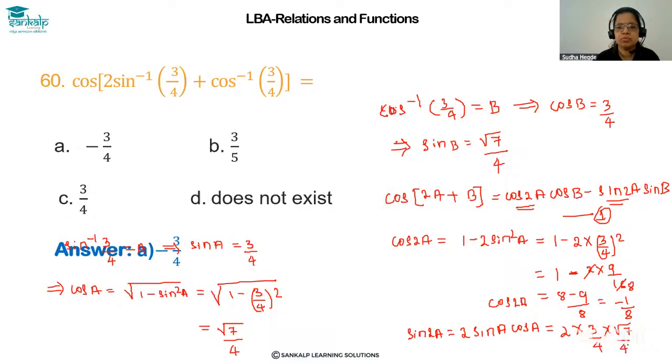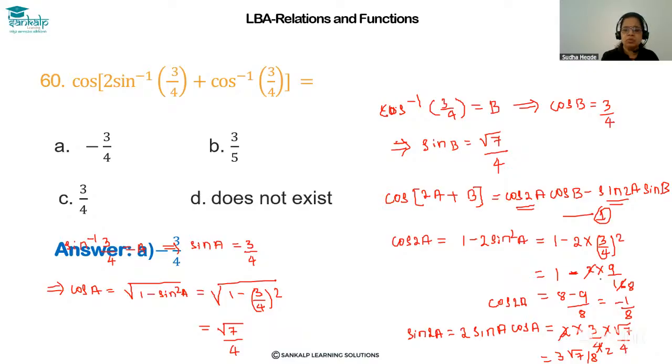Correct? So now substitute this. If you want, you can further simplify. So it is 3 root 7 divided by 8.